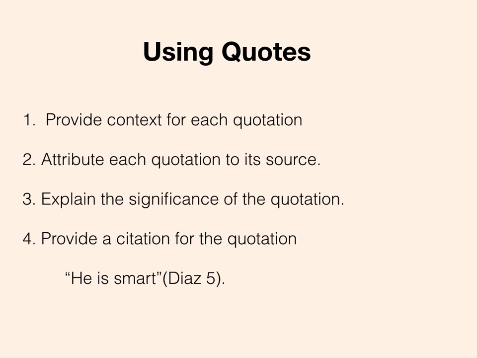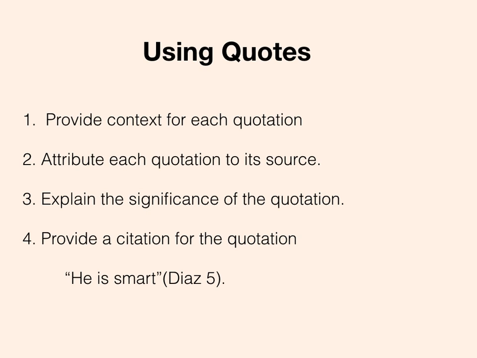After you present a quote, this is a key thing: you have to explain the significance of the quote, how it supports that paragraph and how it supports your thesis. When you get to the end of a quote, you provide a citation for the quote. Citation for MLA is: we have the quotation mark, we put the quote, end quotes, parentheses, author's name, the page number, and that's key.